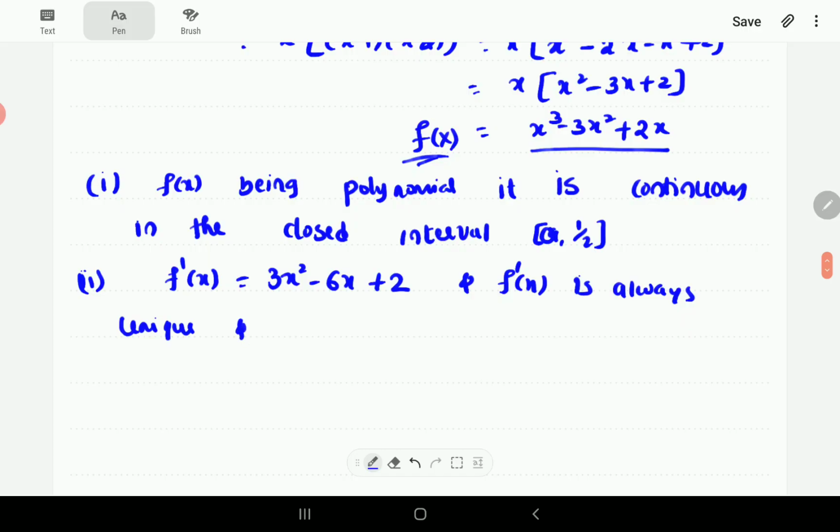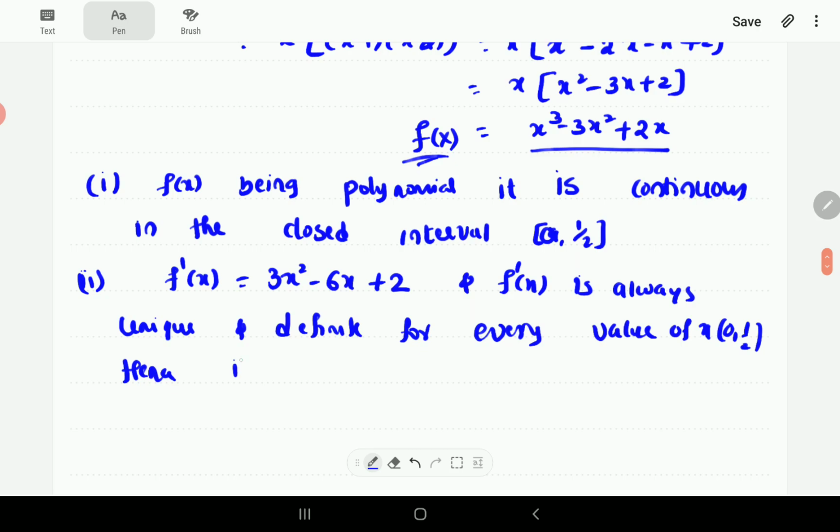It is definite for every value of x within the open interval 0 comma 1 by 2. Hence it is derivable in the open interval 0 comma 1 by 2.